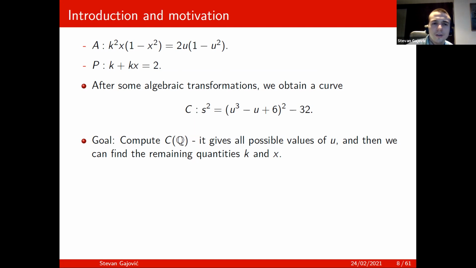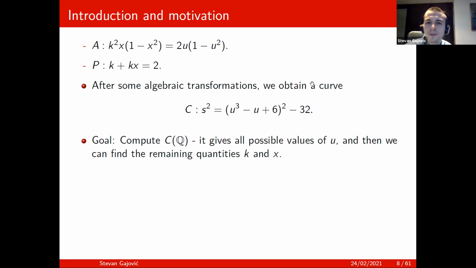As all transformations were rational, we want to compute rational points on this curve. This u is the same as this u, and when we obtain all rational values of u, then doing the reverse transformations, we can conclude what k and x can be. We translated one geometric problem into computation of rational points on some curve that is again hyperelliptic of genus 2. And the last two curves will appear again soon.